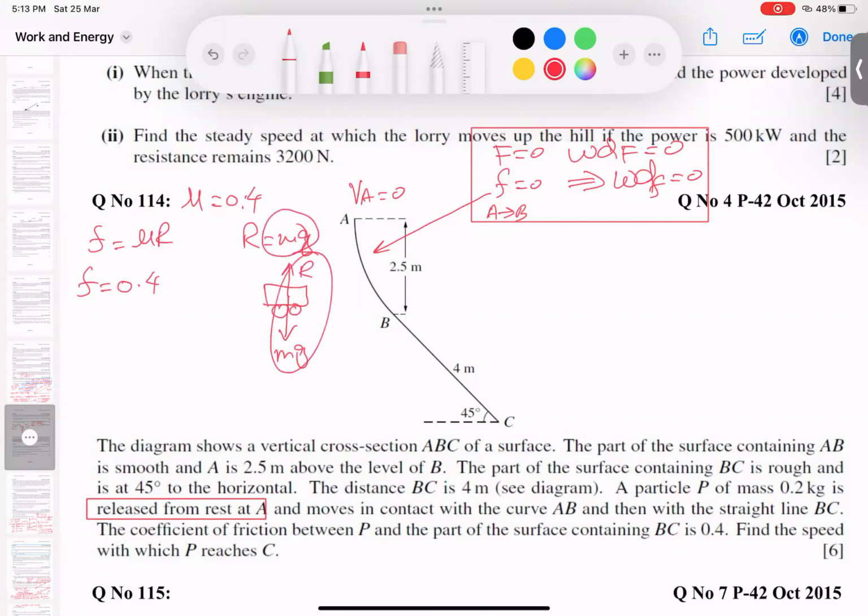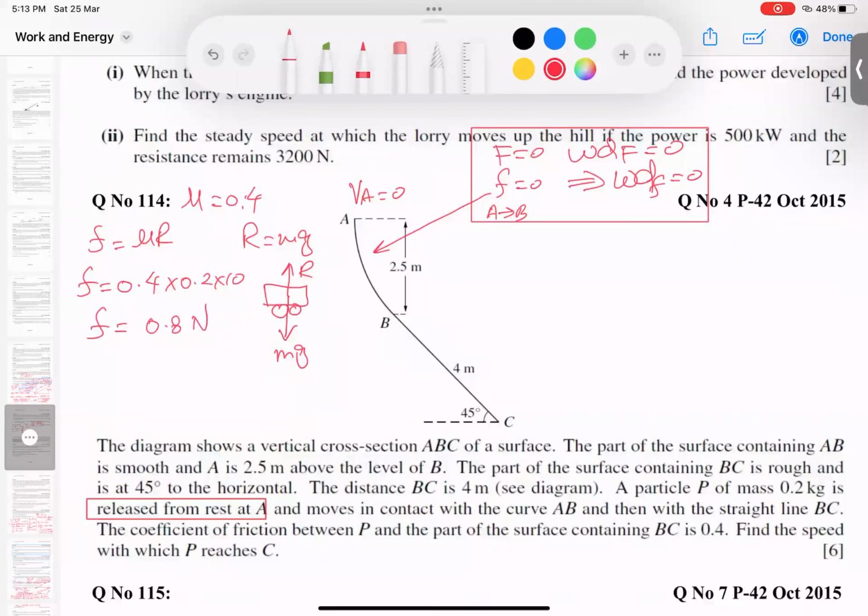So mass is 0.2 and g is 10, so I'm writing 0.2 times 10. The friction force I'm getting is 0.4 times 2, so 0.8 Newton. I hope this part is clear.